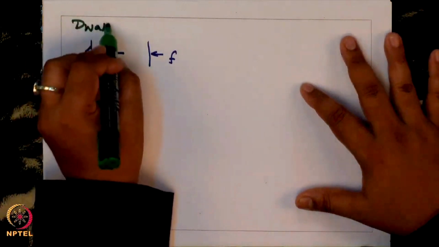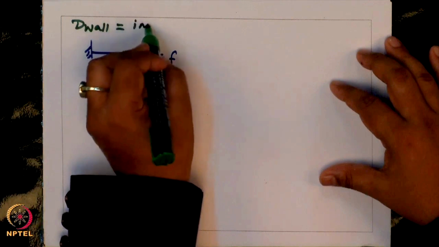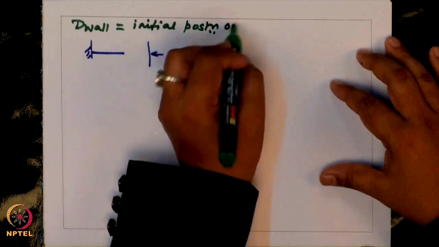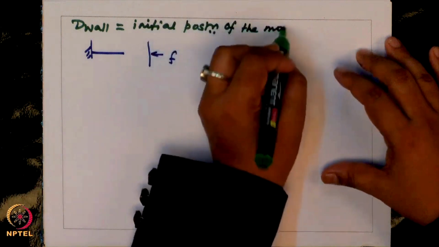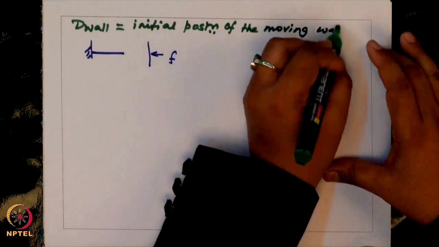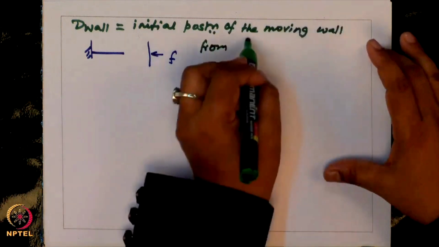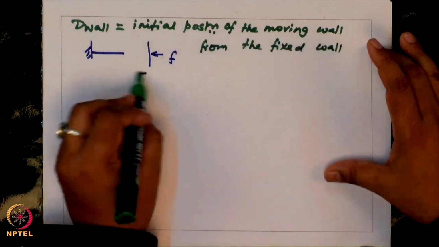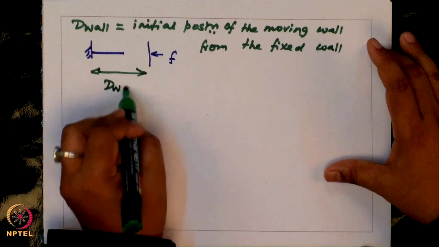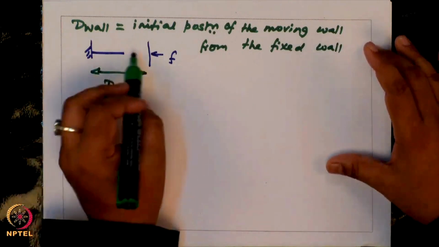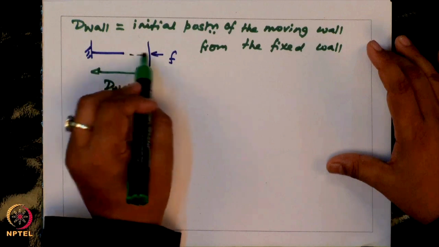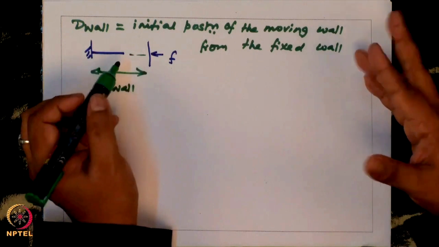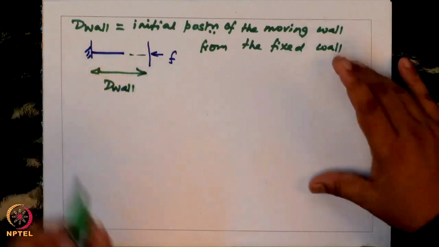One is d_wall, which is the initial position of the moving wall from the fixed wall. I think earlier I had represented this distance as d_wall. You can choose either way, because the initial length of the filament is 3 monomers, so it does not matter.